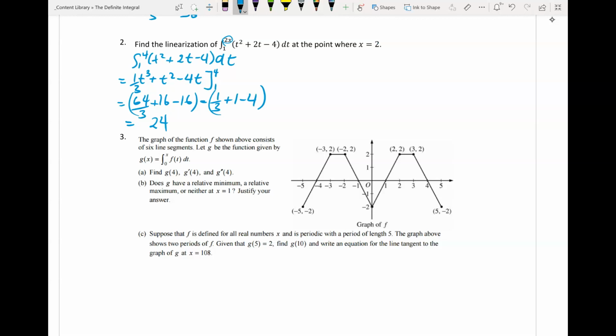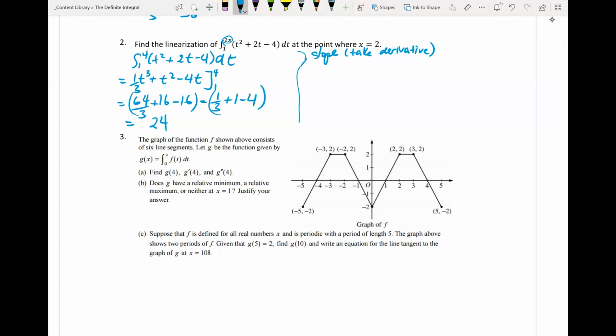Now, in order to find the linearization equation, we do need to find the slope. So now we're going to take the derivative of our integral to get the slope. And when we do that, we're going to use the fundamental theorem of calculus part 2 because our bounds have a function in it on our upper bound.